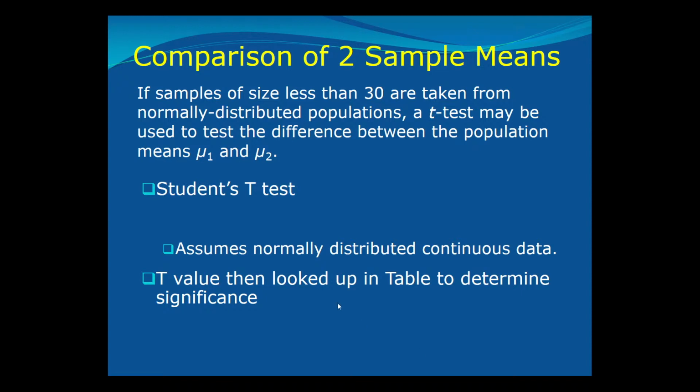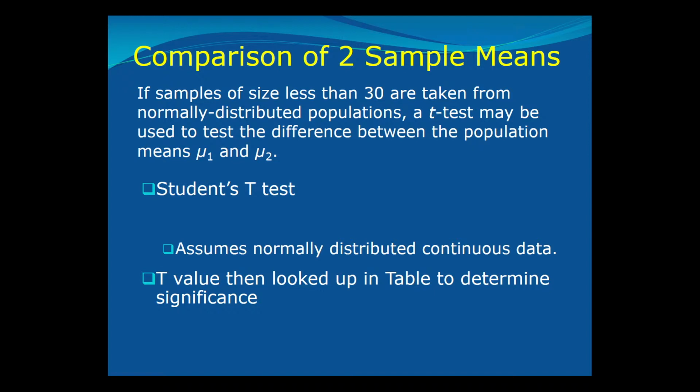If samples of size less than 30 are taken from a normally distributed population, a t-test may be used to test the difference between the population means mu1 and mu2. So according to the type of distribution, we should use either a parametric or a non-parametric test.